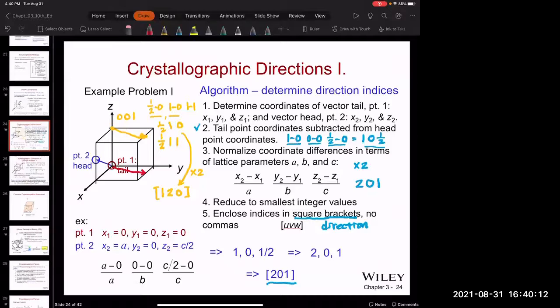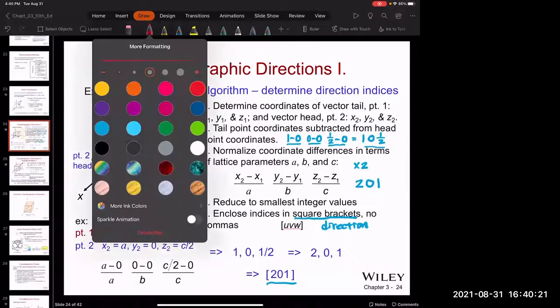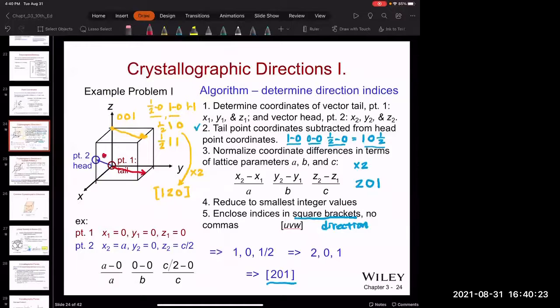Now if we repeat the same process to find the direction, I can define the first point as 0, 0, 0. This one here is going to be 1/2, 1, and 0. Then we use the subtraction and get 1/2, 1, and 0.